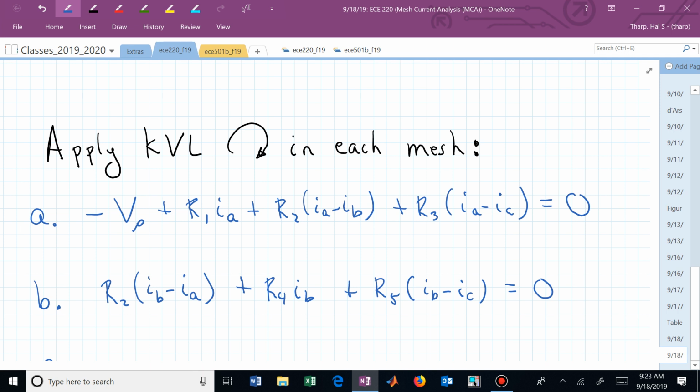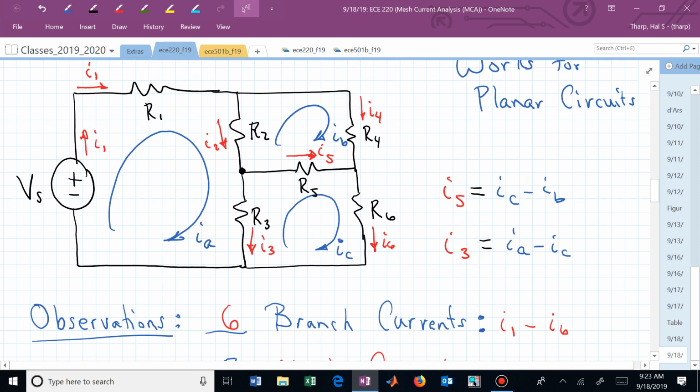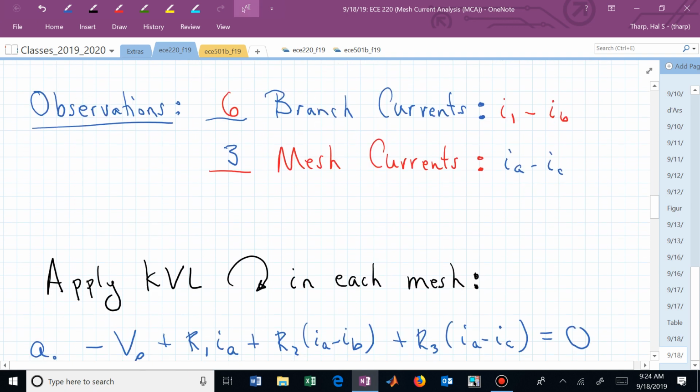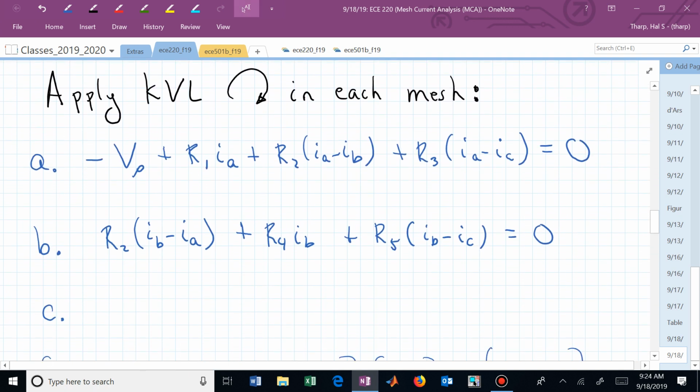Let's look at C. Mesh C starting in the lower left, R sub 3 times IC minus IA plus R sub 5 times IC minus IB plus R6 times I sub C, we're back where we started, equaling 0.